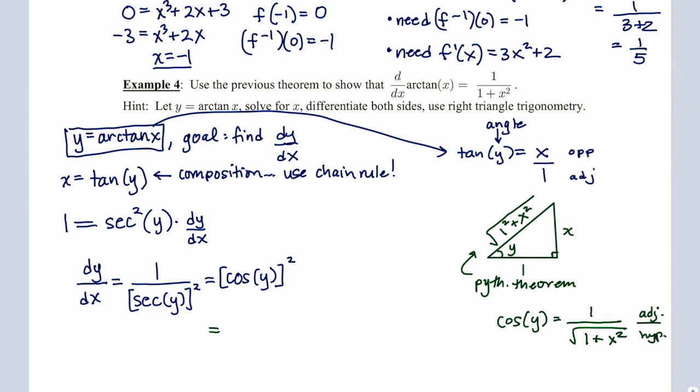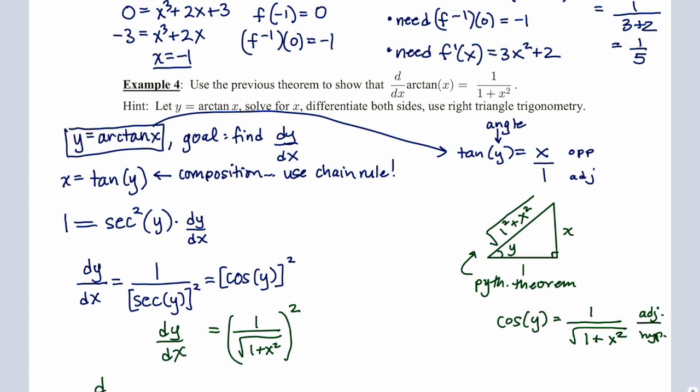And then if I go back to my derivative, using the sides that we just found, I will have 1 over square root of 1 plus x squared, that quantity squared, when I have cosine squared. So we are finding dy/dx is 1 over the square root of 1 plus x squared, squared.